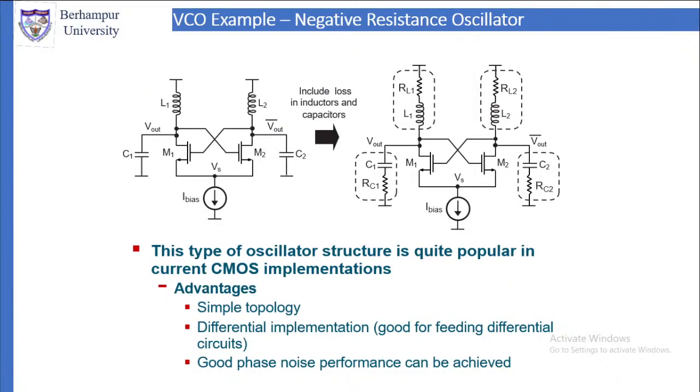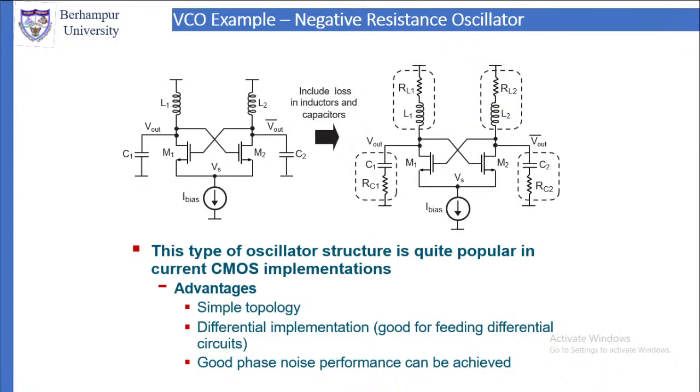Now let us consider a visual example using a negative resistance oscillator. You can see on the left hand side we have the oscillator, which is in differential mode. The circuit is in differential mode.